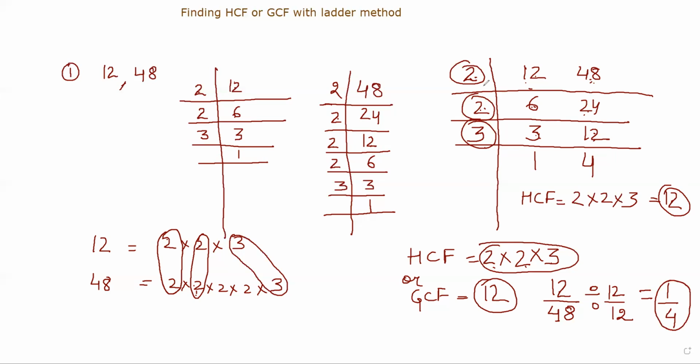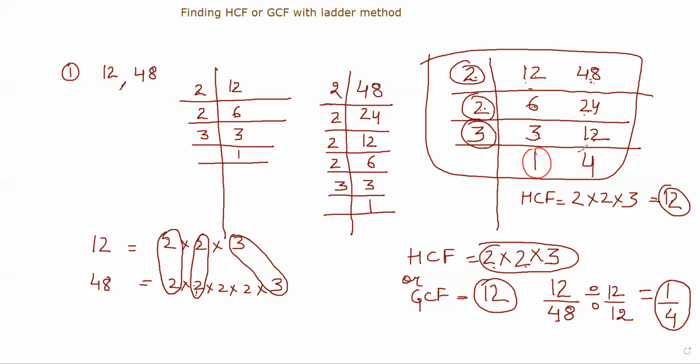And if you can see in this method, what I am getting at the last, this one, 1 my numerator, 4 my denominator. So if you are finding the lowest form of the fraction with this type of method, you will definitely be clear about that.